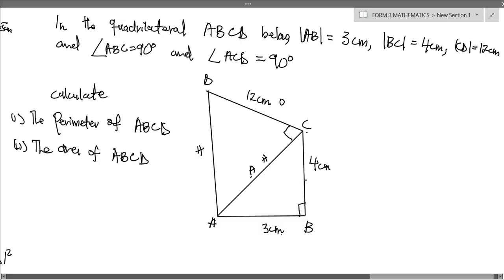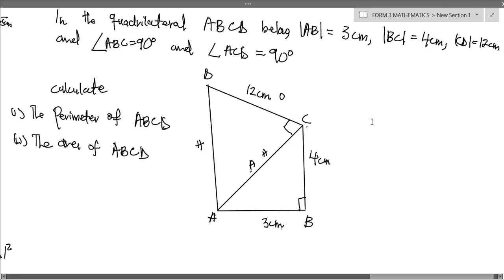Now, in order for us to find the perimeter, what do we have to find? Perimeter simply means the distance around the plane figure. So first of all, solution.